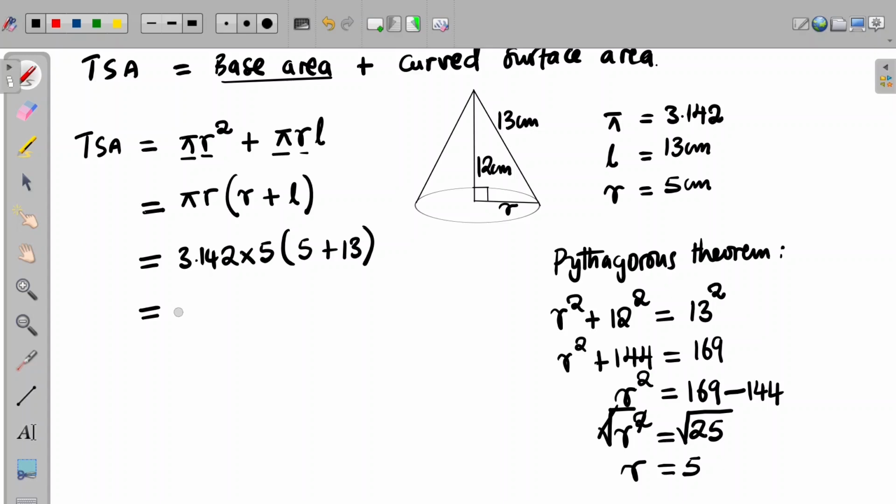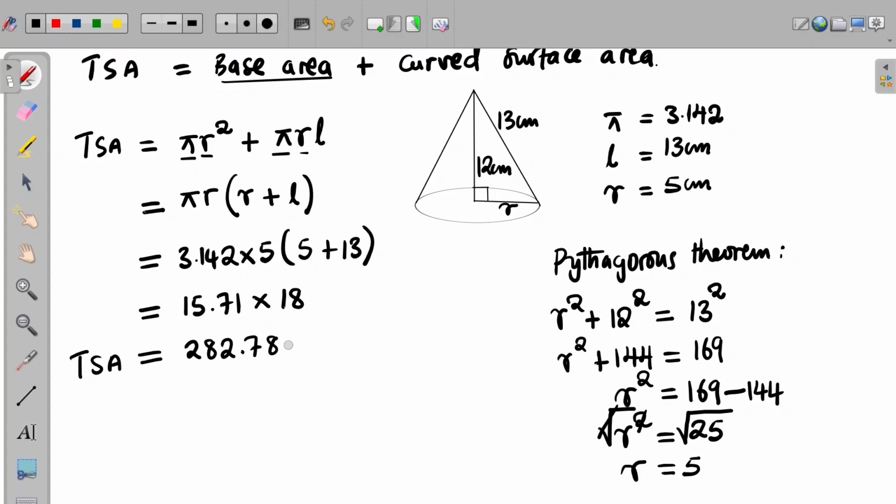I'm getting 15.71. Then times what is inside the bracket: 5 plus 13 is 18. So we multiply 15.71 times 18, and we get 282.78. So this will be the total surface area.